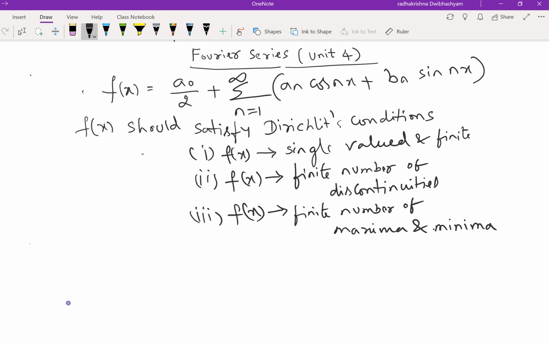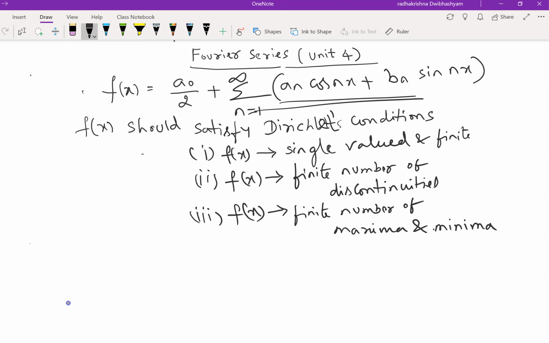Then f(x) must have a finite number of discontinuities, and f(x) has a finite number of maxima and minima. Any function which satisfies these conditions can be expanded in the form of Fourier series.